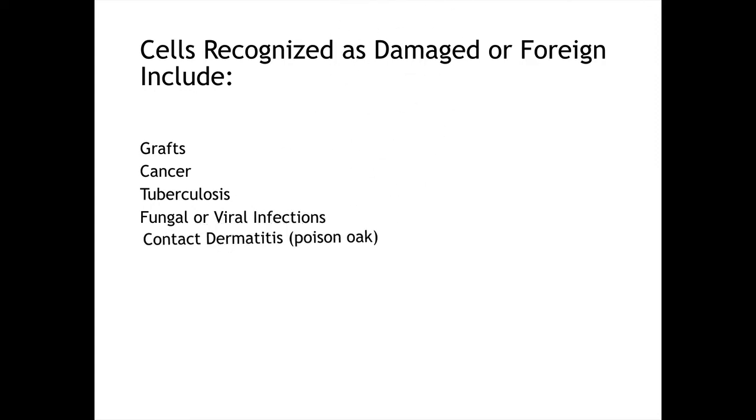Cancer cells ideally will get recognized as damaged or foreign, but unfortunately sometimes they go under the radar because they are our own cells, which means they often have our MHC class 1 complex on them, so our immune system doesn't always notice them, but they do act kind of weird, and so that helps. If you have a cell that has been infected with TB or any kind of fungus or any viral infection, contact dermatitis is an example of cell-mediated immunity.